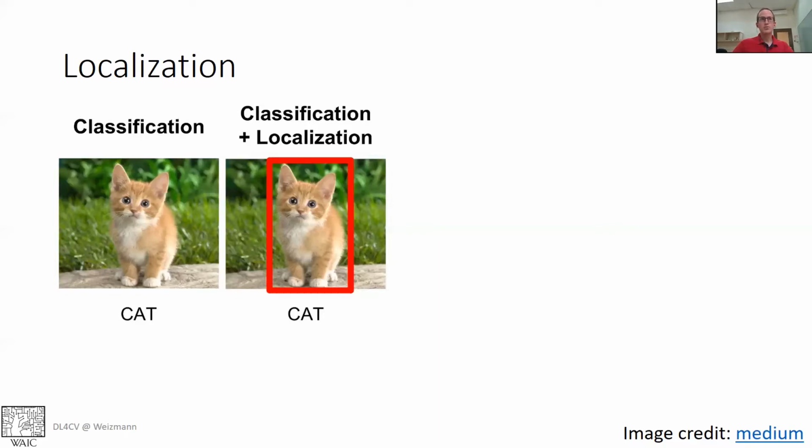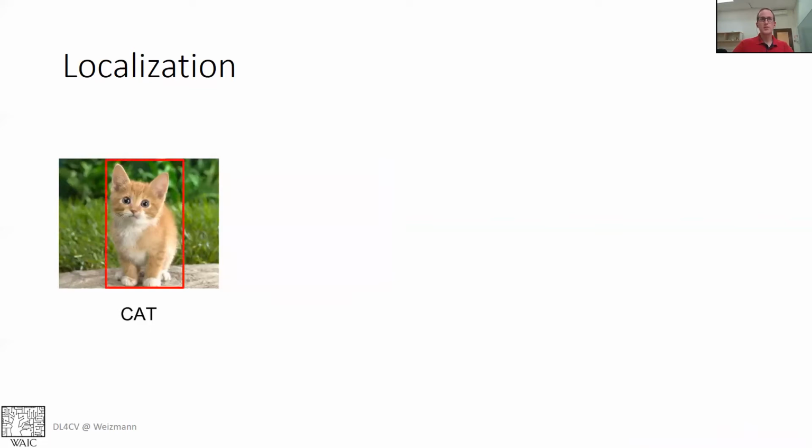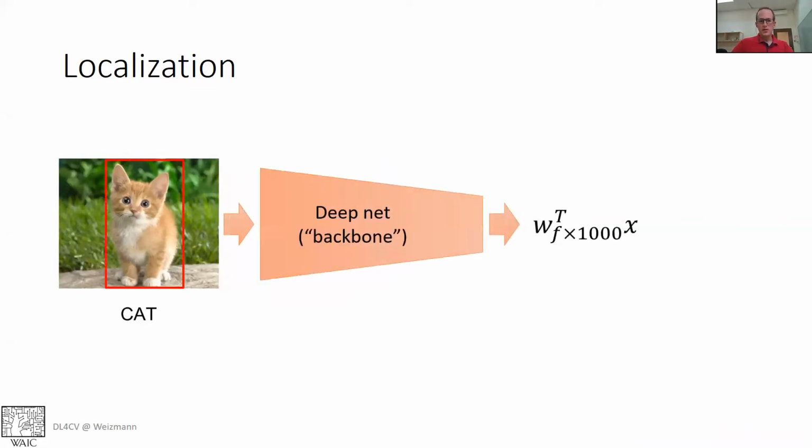So how are we going to address this simplified task? We can use an image classification network that has convolutional layers and pooling layers, and it outputs a feature vector in some feature dimension. And what we used to have is a fully connected layer from this feature vector into 1,000 categories.